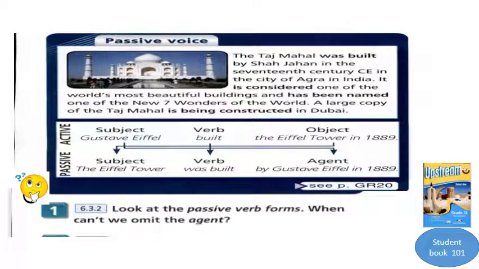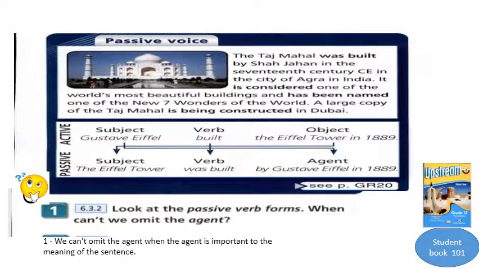Now please open the book, page 101. Try to read the passage and then answer the question. Okay, look at the passive verb forms. When can't we omit the agent? Okay, yes, you are right.